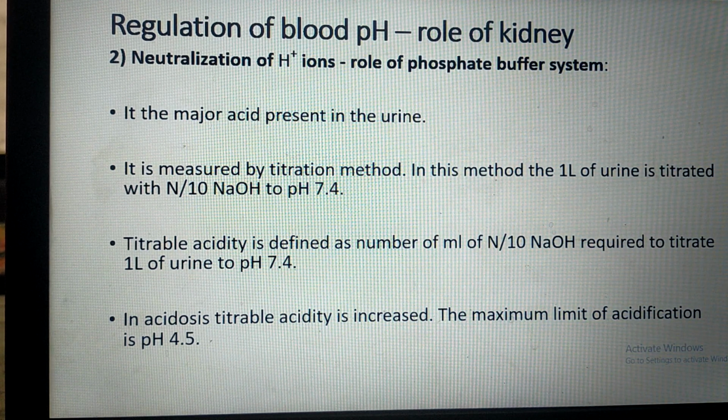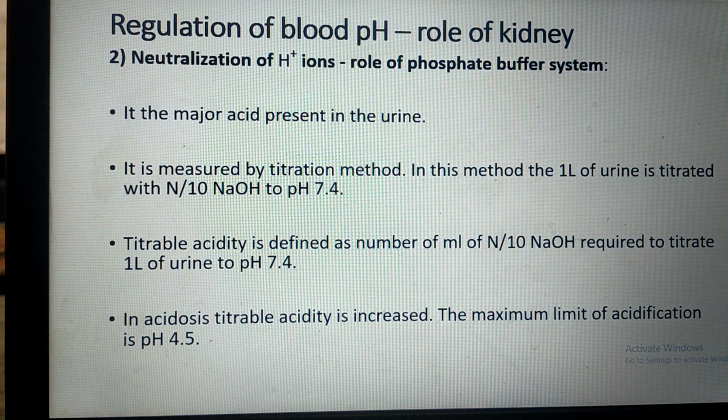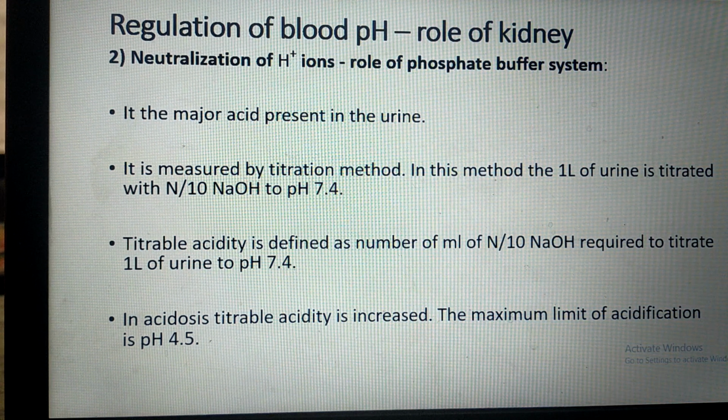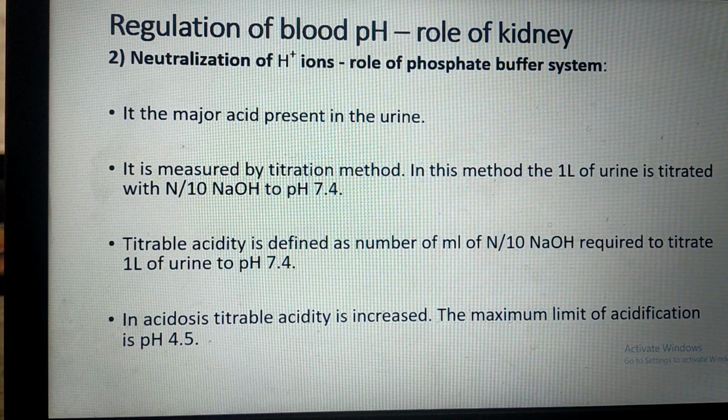So depending upon that we will define the titrable acidity. Titrable acidity is defined as the number of ml of N/10 NaOH required to titrate 1 liter of urine to a pH of 7.4. If we require more ml of N/10 NaOH, that means more acids are present in that urine.